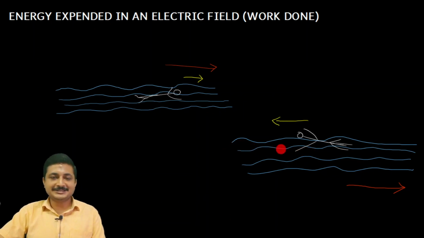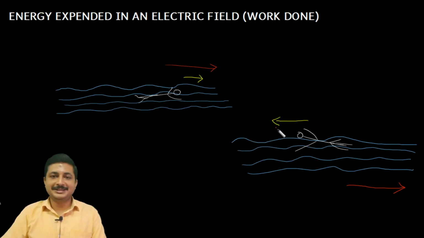So with this example, what you understand is, if you are doing the work in the direction of the flow of water, you are going to gain energy, or you can do more work, or you can do positive work. If you are doing work against the flow of the river, what is going to happen?